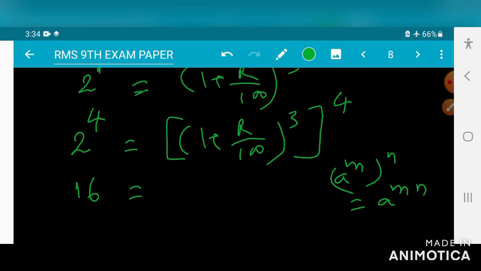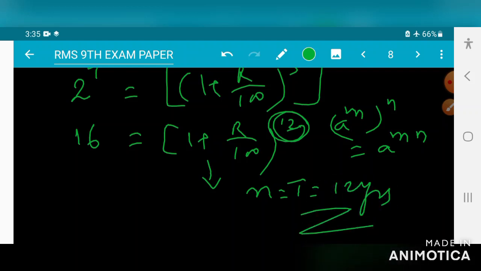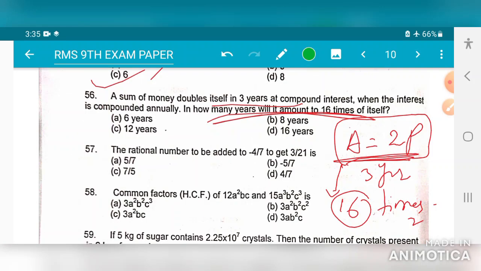So here (1 plus r upon 100) whole power 3 into 4, which is 12. Here 12 represents n, the time, meaning 12 years. So the answer is 12 years. Okay, this question's answer is 12 years.